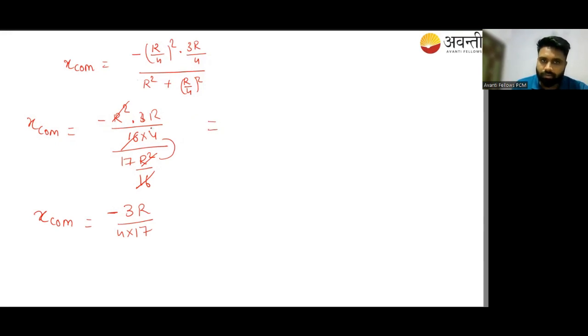If you also see this, it is minus r square into 3r divided by 16 into 4. 4 square is 16 into 4. Multiply with 16 divided by 17. Oh, there is a mistake that we have made.